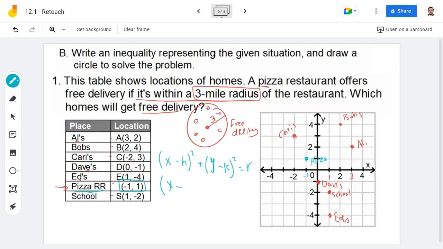So it is (x plus 1) to the power of 2 plus (y minus 1) to the power of 2, and the radius is given in the question, which is 3 squared, so 9.